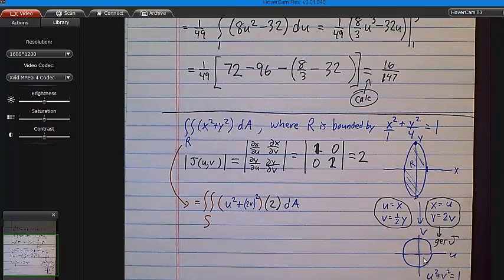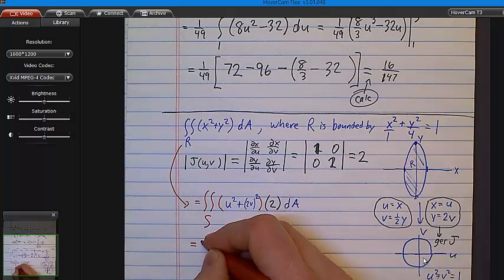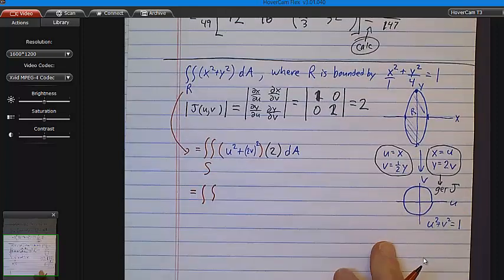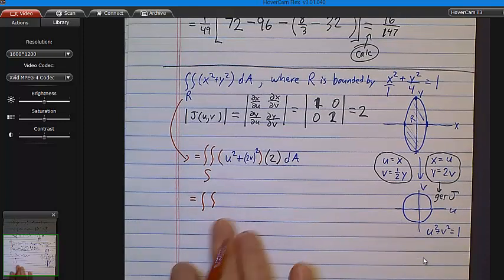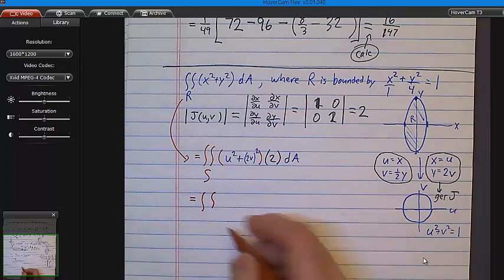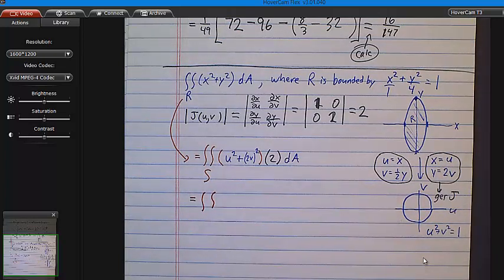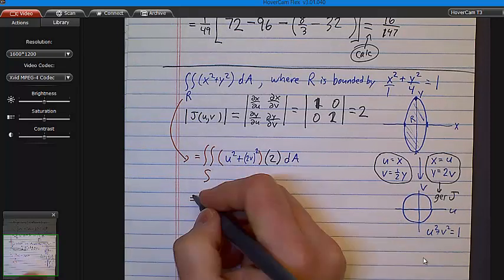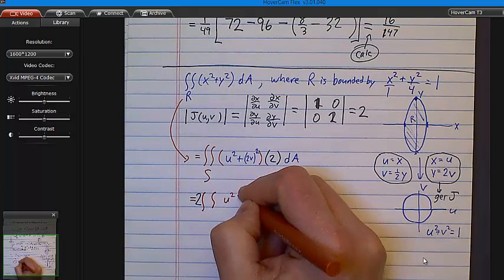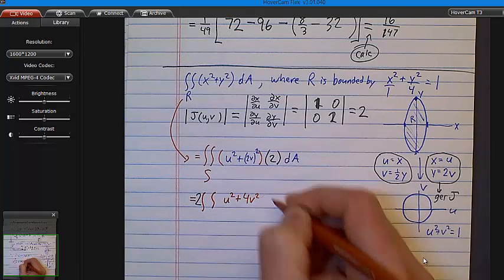Okay, so from here on out, I just do the details. Let's finish it, though, because you guys are telling me you're having trouble with the triple integrals, and I think a little more practice, a few more examples, is not bad. Would I bring my 2 out front? Probably. It's just a number. So we want to integrate u squared plus 4v squared.